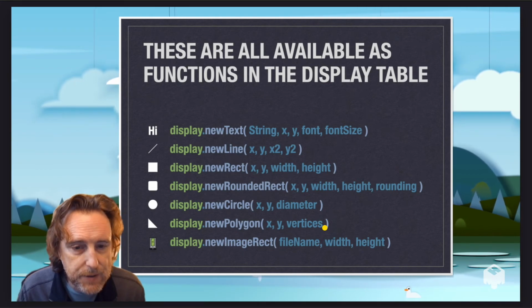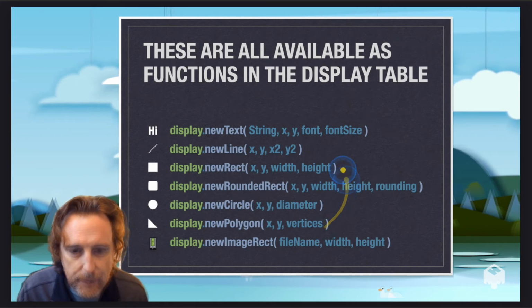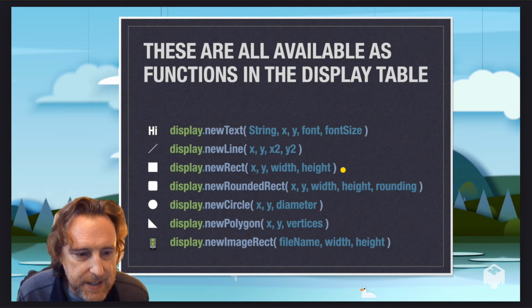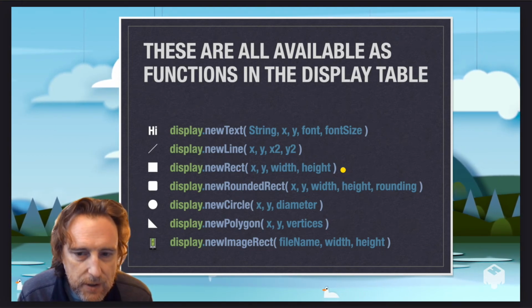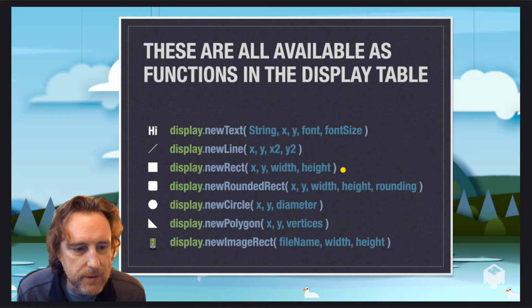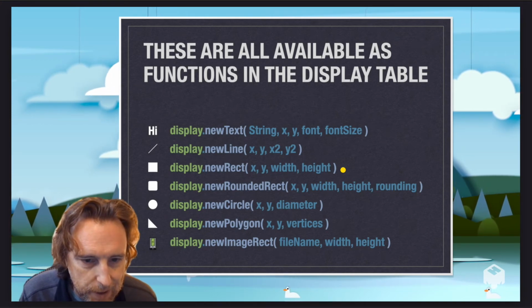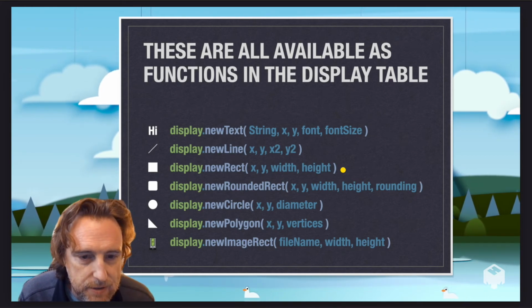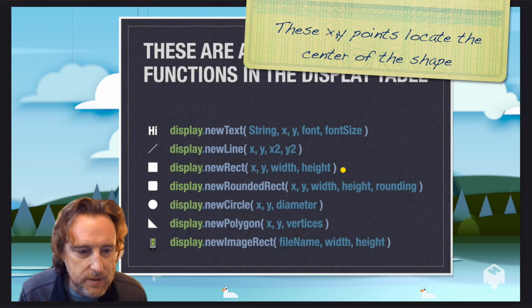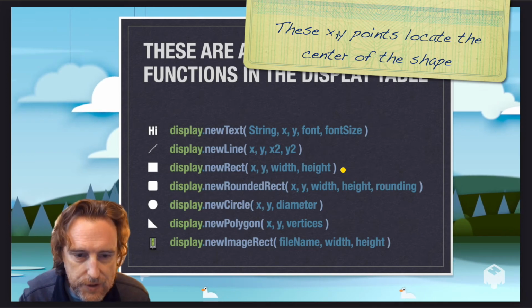Rectangles, you give it an XY value, a width, and a height. The XY value will be the center of the rectangle, the square, the shape. So unlike other languages where the XY component locates, say, the top left corner, the XY values in Solar 2D are going to designate the center of the shape.